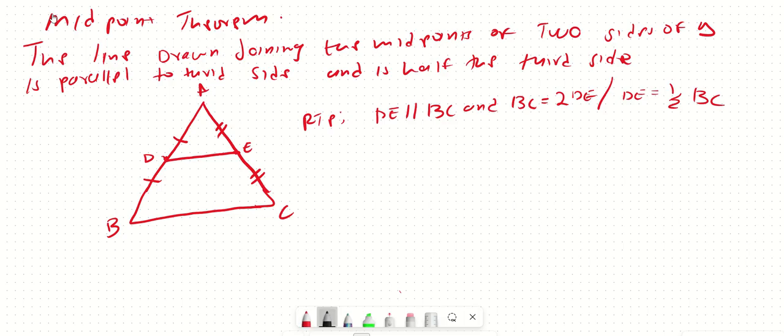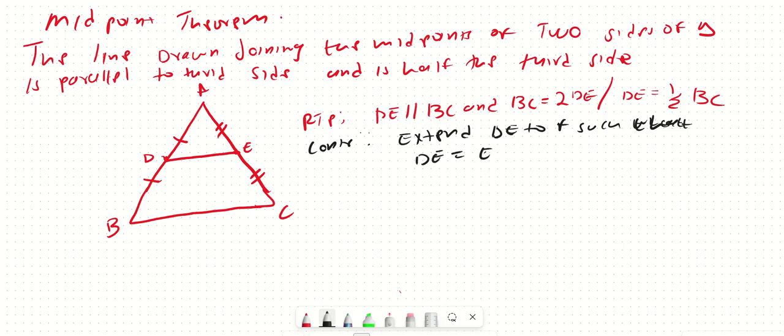That's RTP. So now to prove that, we must bring up the construction. So our construction is extend DE to F such that DE is equal to EF, and join FC.